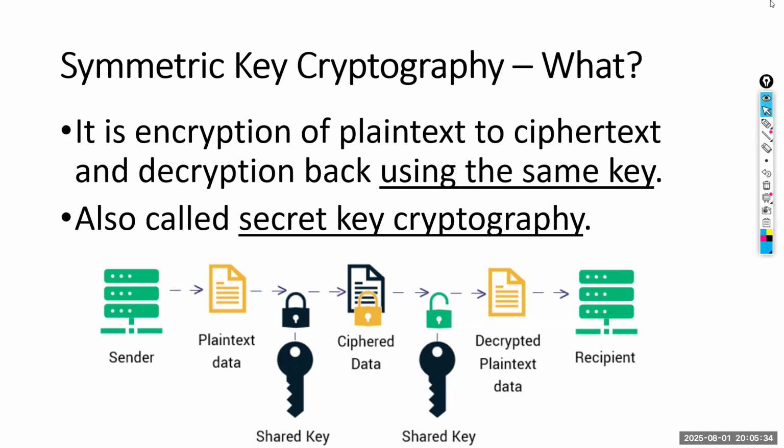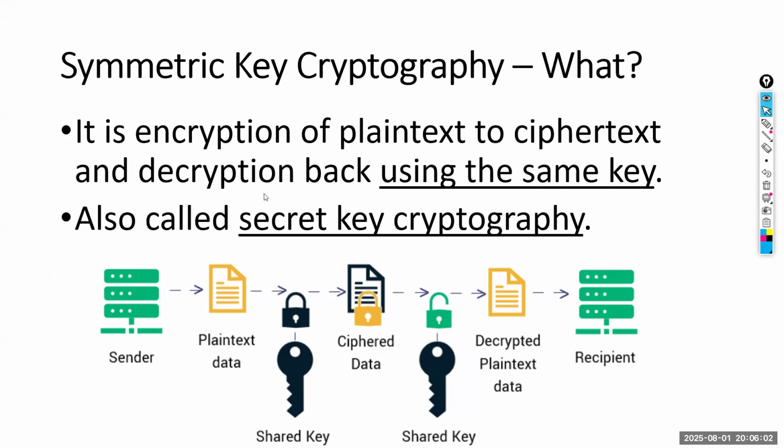Remember, we have two options, symmetric key and asymmetric key. So we have the plain text, we encrypt using an encryption algorithm, but with a key. And then the ciphertext is sent to the receiver. The receiver decrypts this with the same key as we use for encryption. So that is called symmetric key.